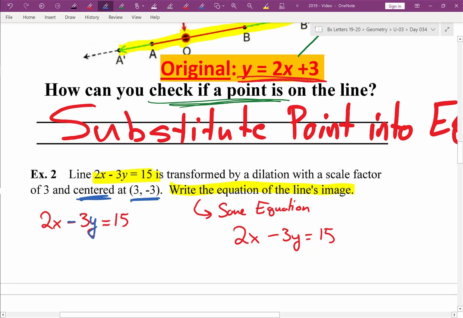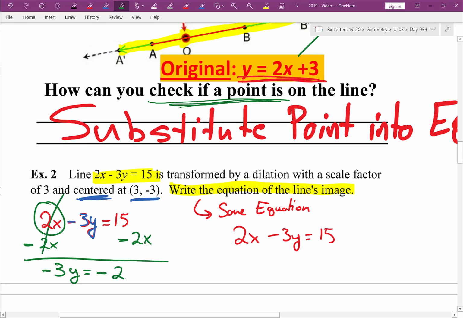And I know there's a negative 3 there first, but we have to get rid of this 2x. We're going to subtract 2x. Whatever you do to one side, do to the other. And you're going to have minus 3y equals minus 2x plus 15, because that's a positive 15.